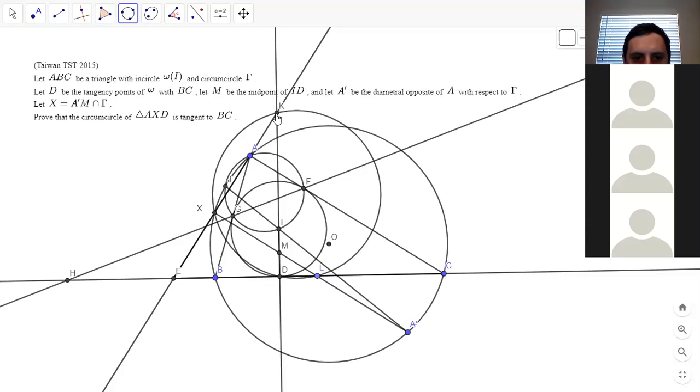So angle KLB is equal to DX. Okay, I got that.